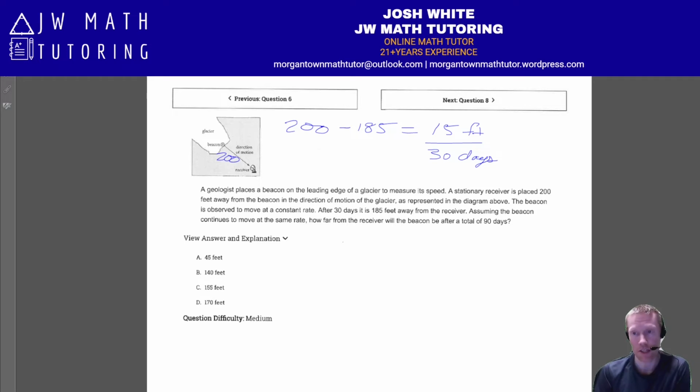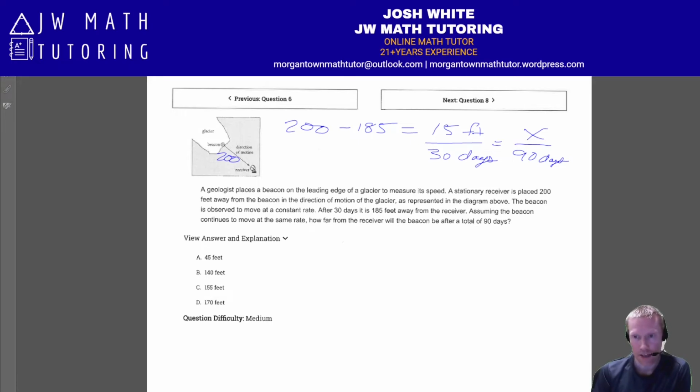So for this one, we can just set up a nice little proportion. We can basically say, okay, if it moved 15 feet in 30 days, then it's going to move how many feet in 90 days? So I have feet on top on both sides of the proportion, and I have days on the bottom. Now, you could go ahead and cross multiply this and do 90 times 15 and then divide that by 30, but it's much, much easier to recognize one of two things.